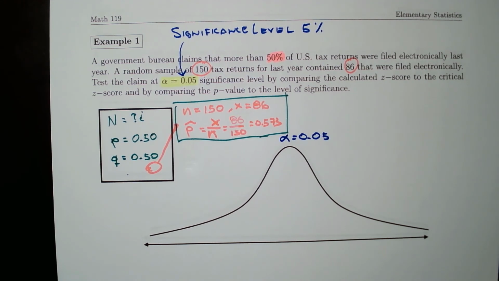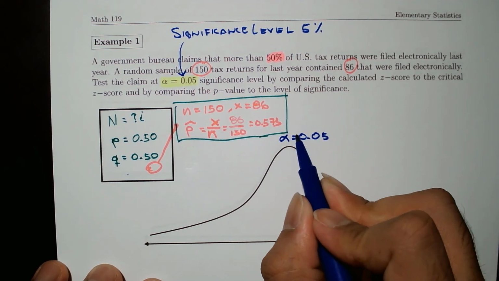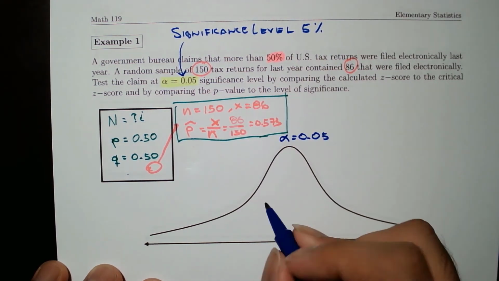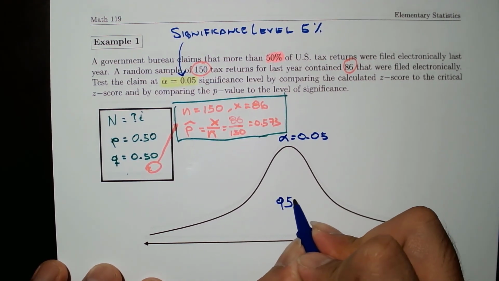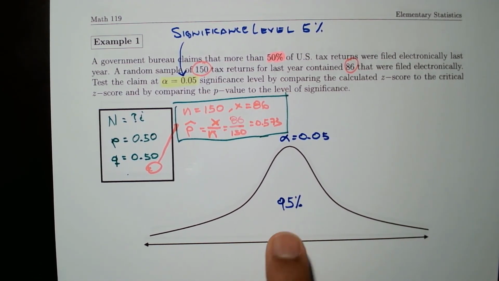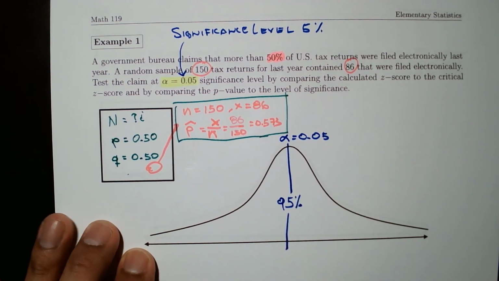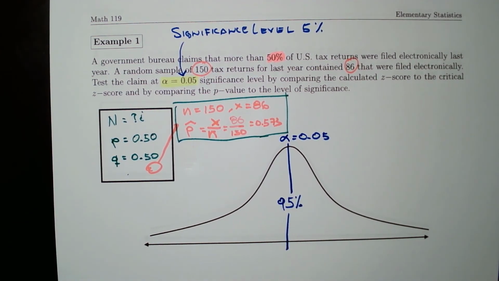How are we going to know? We're going to know that when we state the null hypothesis and the alternative hypothesis. Because alpha, the significance level, is 5%, the unshaded region will be 95%.